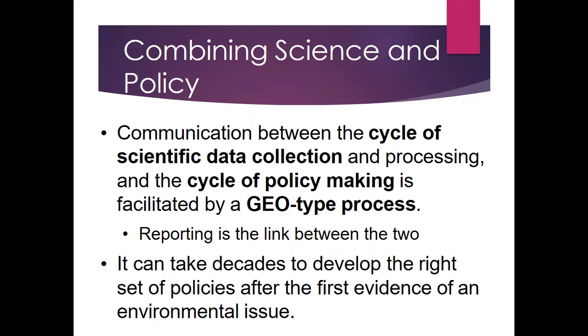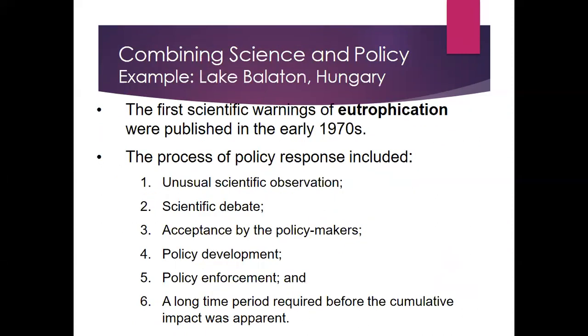So it can take decades, however, to develop the right set of policies after the first evidence of an environmental issue. This can be seen here, for example, in Lake Balaton in Hungary. This is an example where we can see that link between science and policy making.